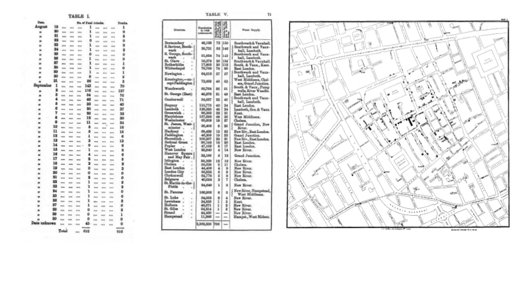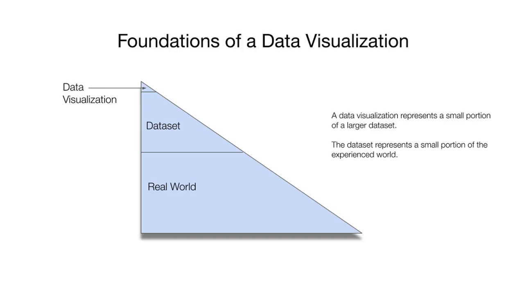But I want to bring your attention to something here. There's a lot of layers. The first layer is we have the real world. People are getting sick on the streets of London. This is what's actually happening in people's experiences. The second layer is this layer of information that's being gathered about these people who are getting sick. It's gathered by doctors.